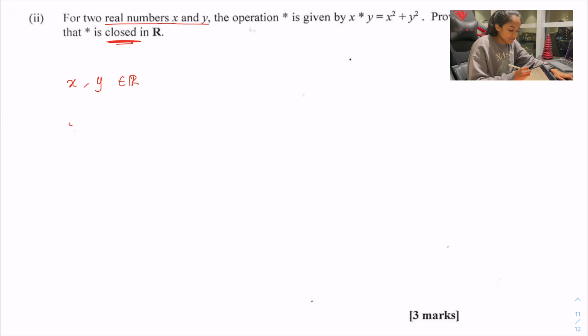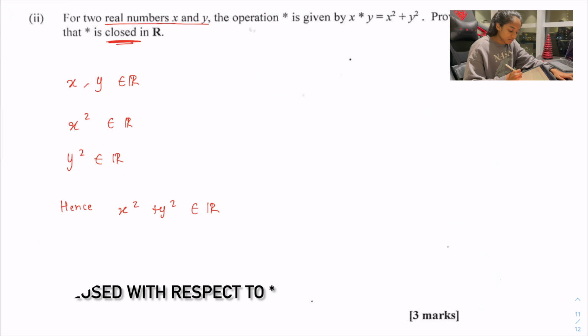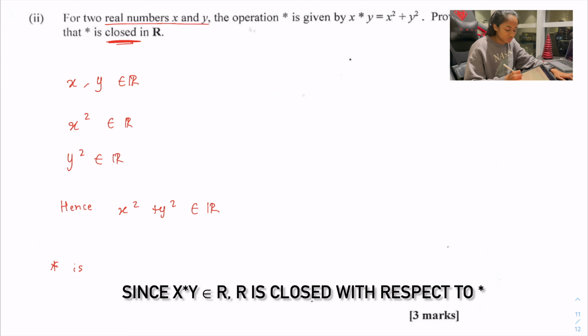And that means that x squared would also be a real number, and y squared as well. And hence, x squared plus y squared would be real. And that's why star is closed in R.